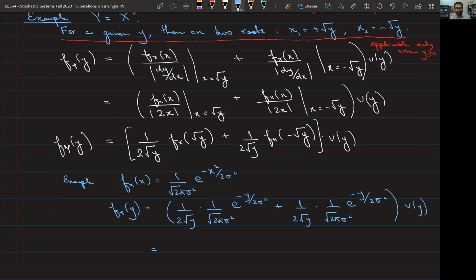You see both terms are exactly the same. So therefore the answer that you get is 1 upon root 2 pi y sigma squared e raised to power minus y by 2 sigma squared u of y, right? So this is the PDF of a squared Gaussian.